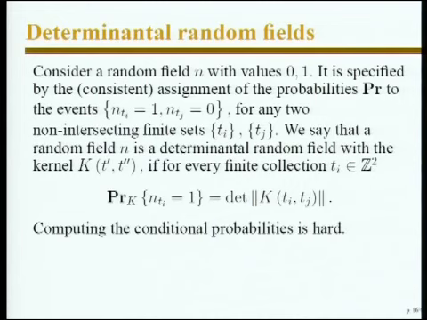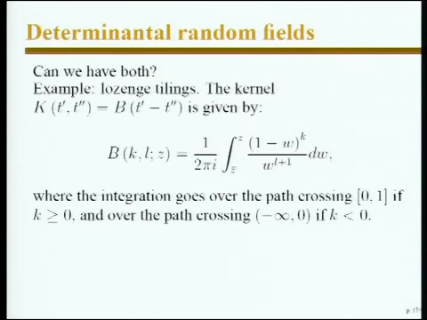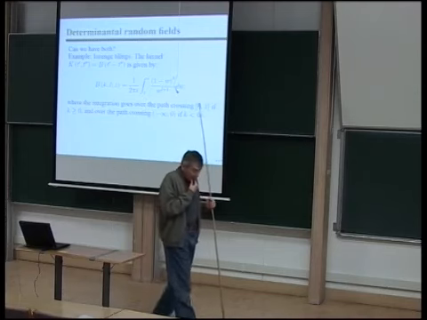So what we wanted to understand is whether there are nice natural random fields which have both properties: the Gibbs property, that the conditional distributions are easily computable once you take a box and fix the boundary condition, and on top of it, the correlation functions are given by determinants.